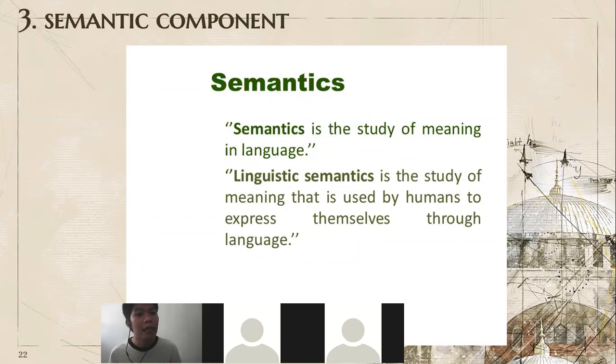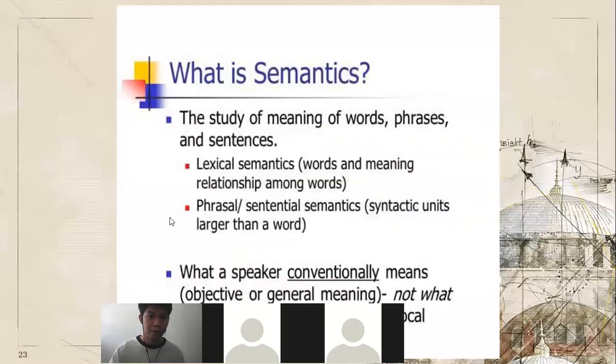But itong semantics, it's the literal meaning of the word. This is usually what we see in dictionaries.